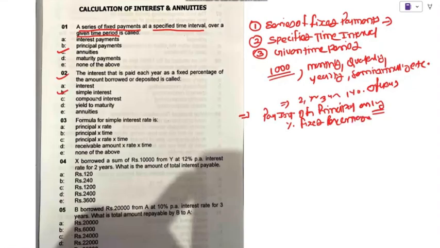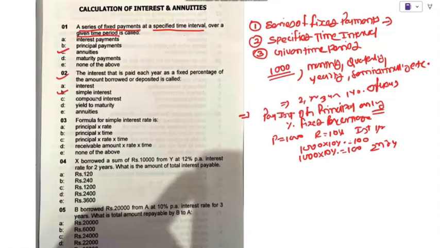To understand it, if the principal is 1,000 and R is 10%, the first year interest will be 10% of 1,000, which is 100. For the second year, it will be the same, 100. For n number of years, it will be 100 only. It will not change.